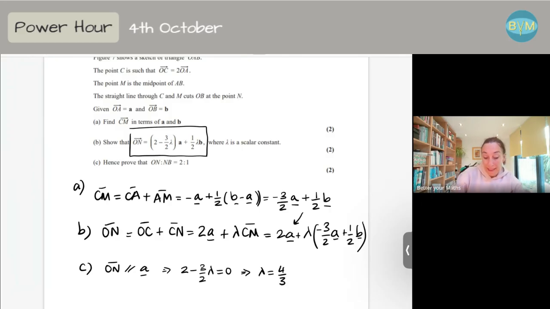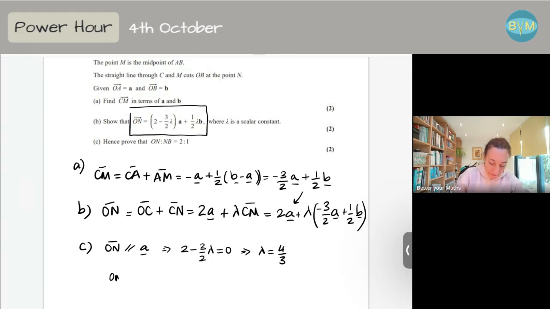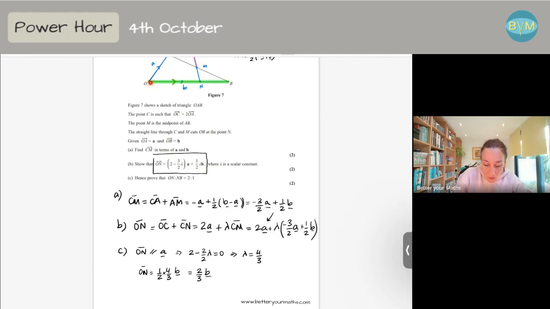And if lambda is 4/3, then I can write ON. So vector ON is going to be 1/2 multiplied by lambda, which is 4/3, B. So this one is 0, I'm keeping this one only. So this is 2/3 of B. B was this vector, the whole thing, from O to B. If this is 2/3, this is 1/3.